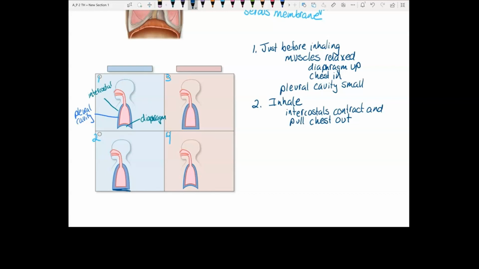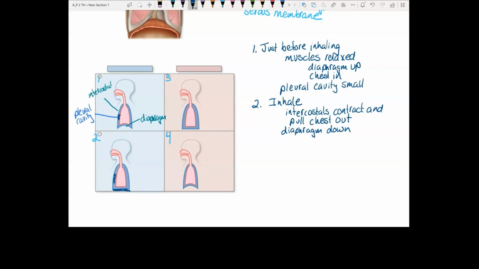Notice here the diaphragm is flat. Okay, this makes your chest cavity bigger. Notice that the pleural cavity is bigger here. Compare the size of it here to the size of it here.